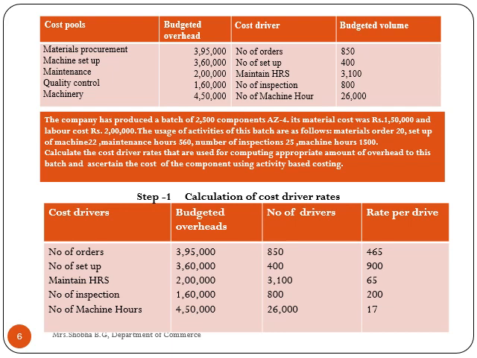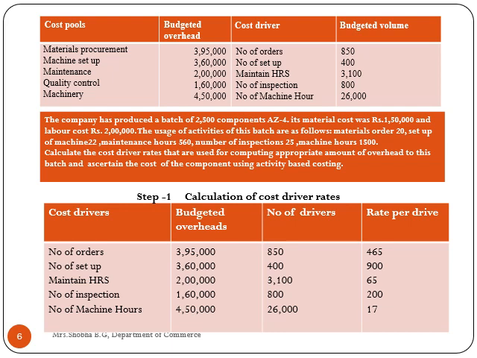Then the second column is the budgeted overhead, which is given in the first table, so we will copy the same thing in the second column. Next one is the number of drivers. The estimated number of drivers is given in the fourth column of the first table, so the same budgeted volume given in the problem we will take as the number of drivers.